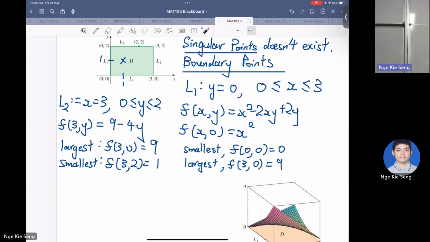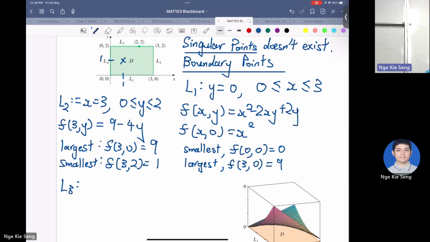If this f is some weird function, then you need to do the one variable test again, right? You get what I mean? So you reduce the dimension.